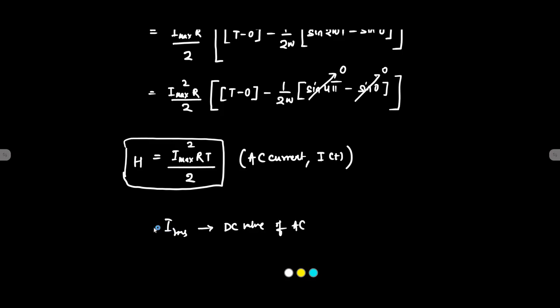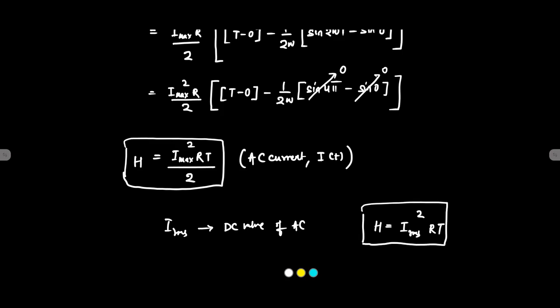Then by definition, the amount of heat which is produced because of the flow of this I RMS will be the same as this. So that heat is equal to I RMS square R T.